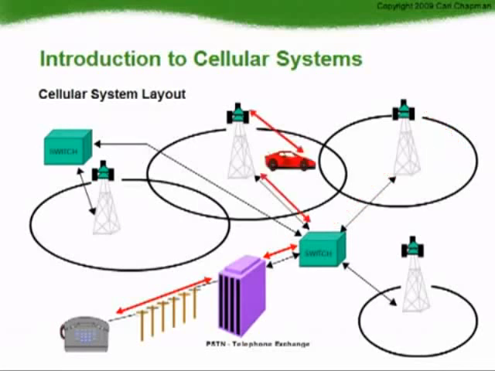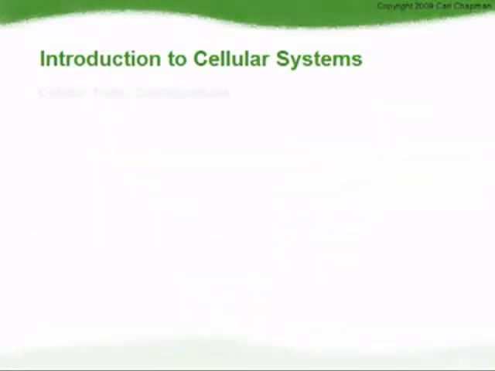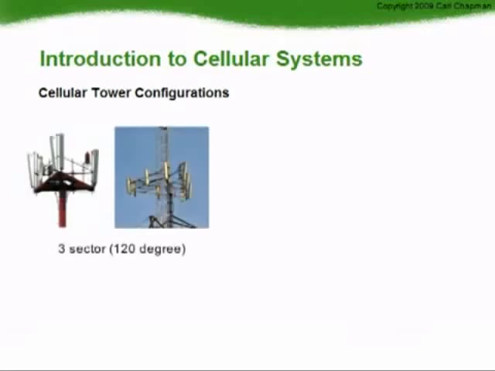As the mobile moves from one cell to another, the control is passed to the relevant cell using a process called a handoff. The configuration of the cell site is dependent upon the equipment manufacturer and the design of the operator. The most common configuration in the world is the 3-sector or 120-degree cell site. This can be visually identified by the triangle structure on the top of the tower.